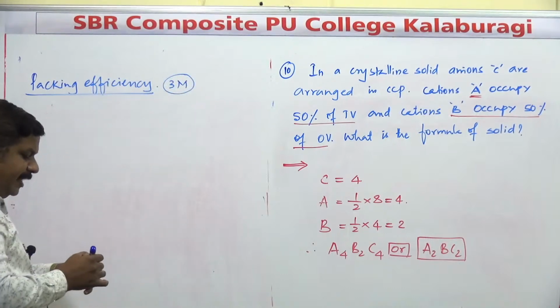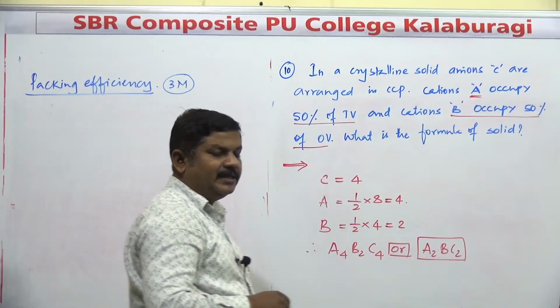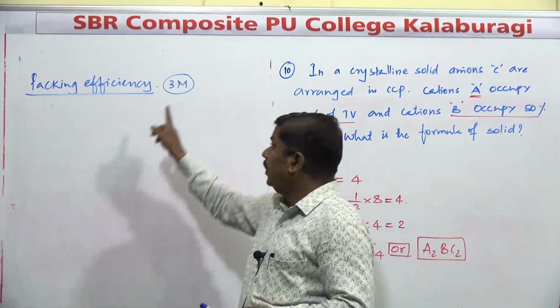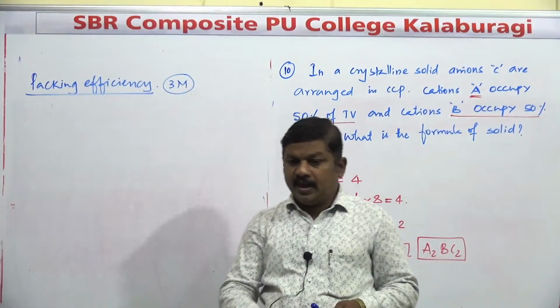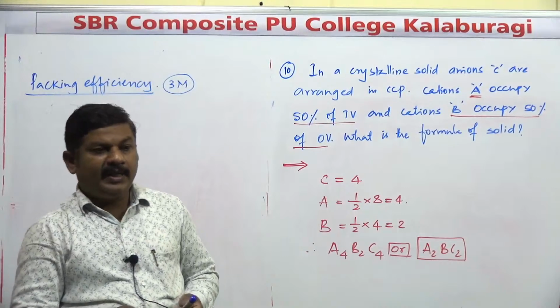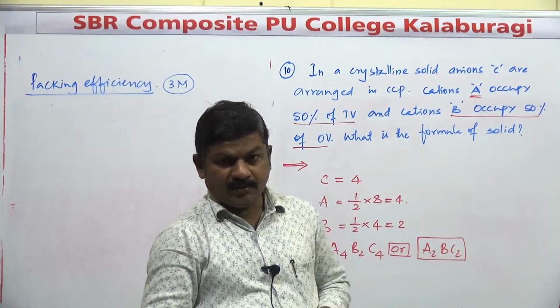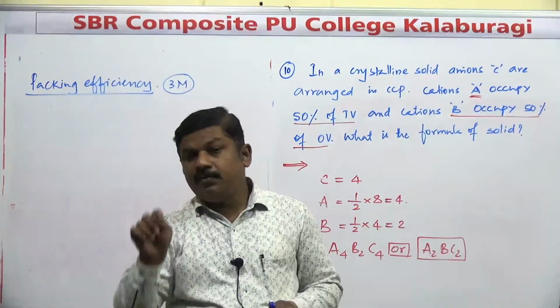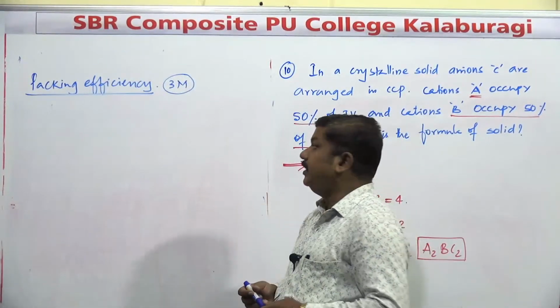That is, explain the packing efficiency in case of simple cube or body centered cube or face centered cube. One question will be there for 3 marks. And based on the relationship between R as well as edge length, R is going to be called the radius of the sphere and A is commonly called the edge length of the unit cell.